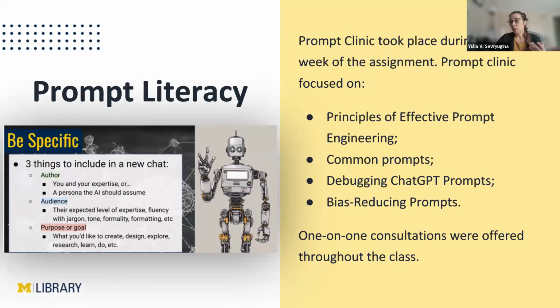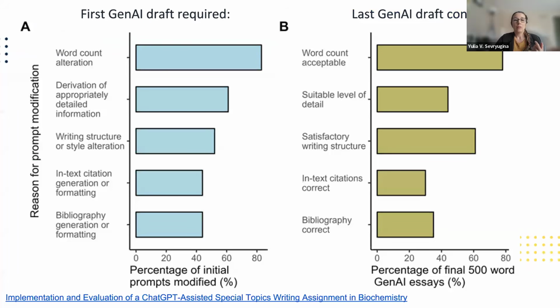We also talked about prompt literacy, the basic principles of developing effective prompts. I gave them examples of common prompts, how we can modify and debug ChatGPT prompts, and how we can somewhat reduce biases through the prompt as well. And it was interesting.